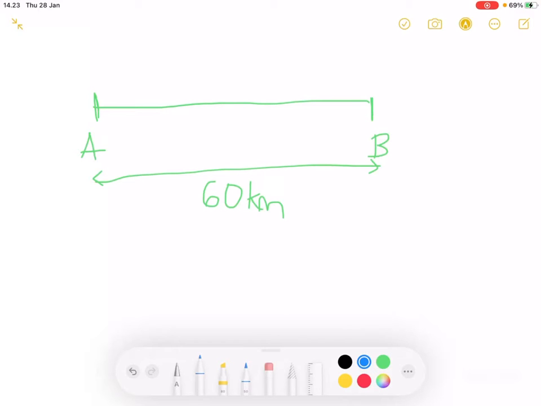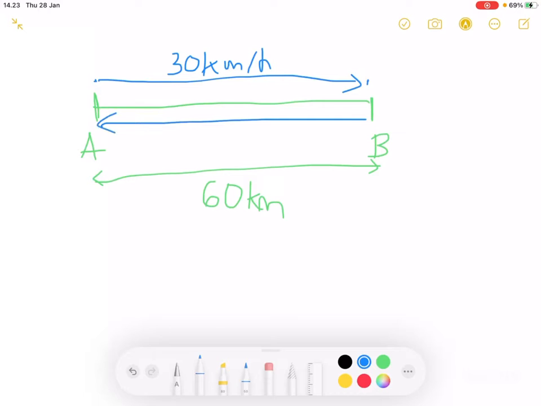A car travels from building A to building B, and its average speed is 30 kilometers per hour. And then after reaching building B, it immediately goes back to building A, and this time its average speed is 20 kilometers per hour. What's its average speed for the entire journey?